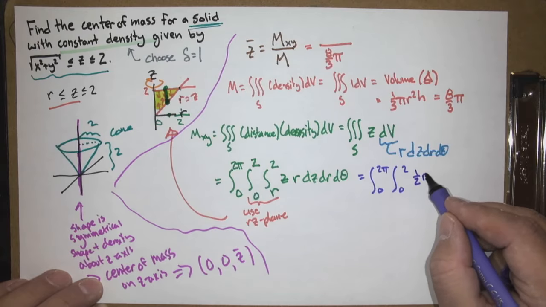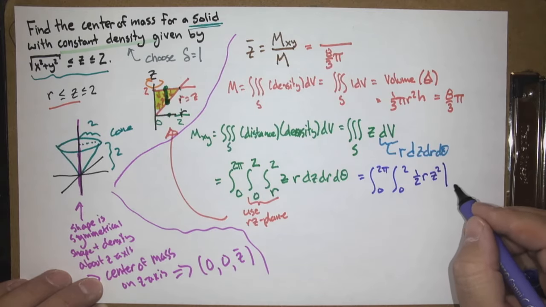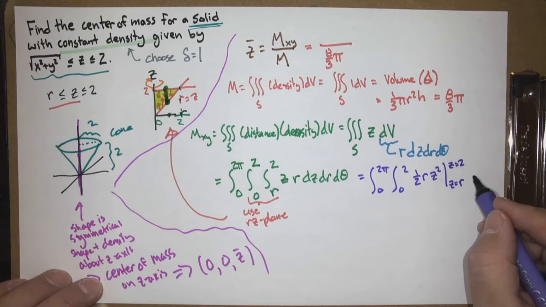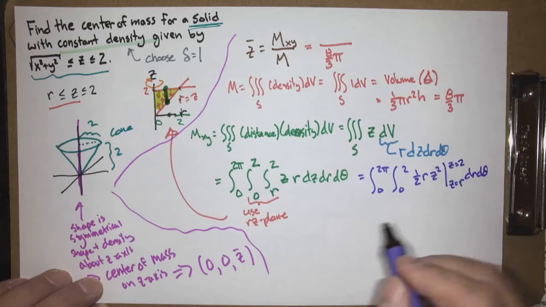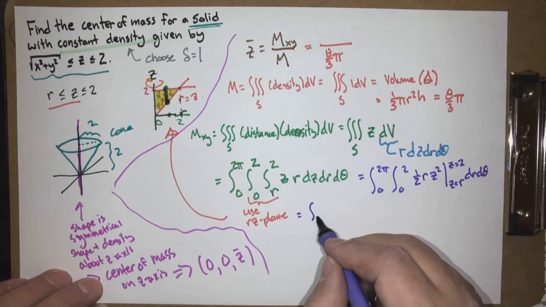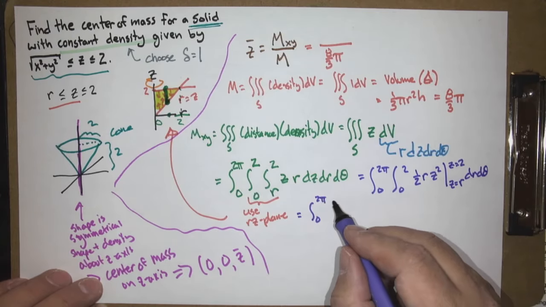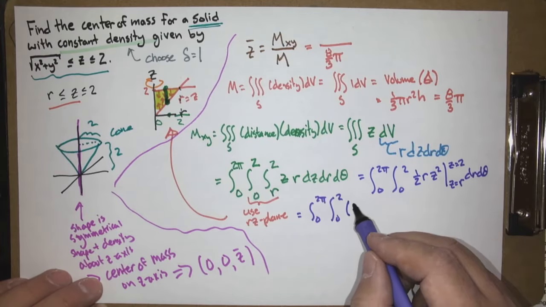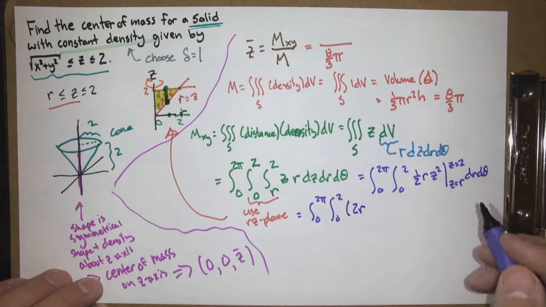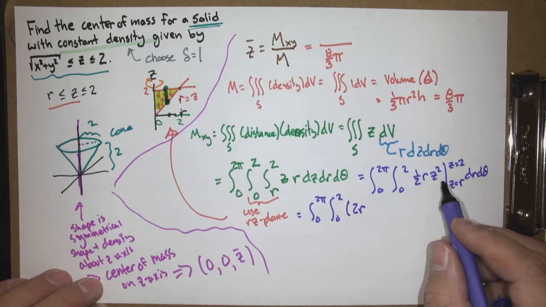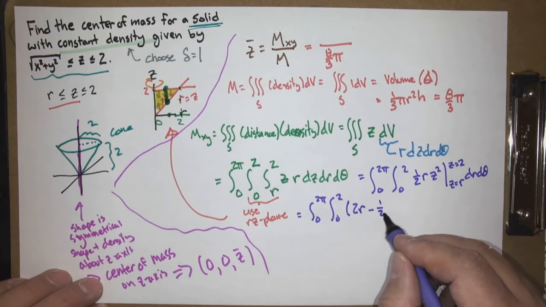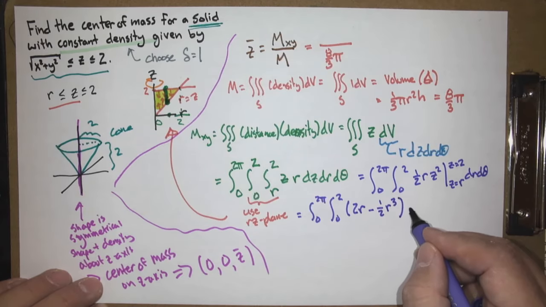So I'll put that in front. 1/2 r z squared, evaluated from z equals r to z equals 2, dr d theta, which becomes integral 0 to 2 pi. We're cleaning up. Now we've got to plug it in. When you plug in 2, 2 squared is 4 times 1/2 r makes it 2r. When you plug in r, r squared times 1/2 r is 1/2 r cubed, and we subtract.